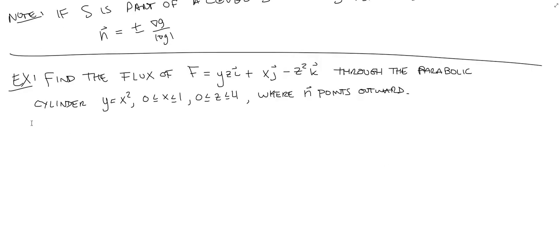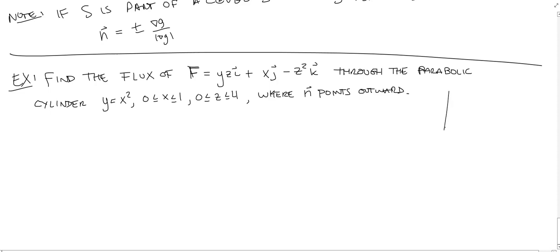Let's go ahead and do this example. We're going to find the flux of the field F equal to yz for the i component plus x for the j component minus z squared for the k component through the parabolic cylinder y equals x squared, where x is between 0 and 1 and z is between 0 and 4, and N is going to point outwards.